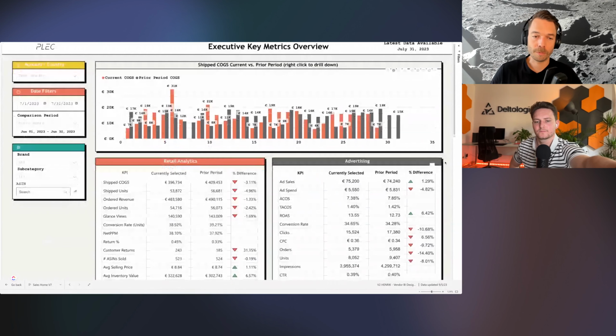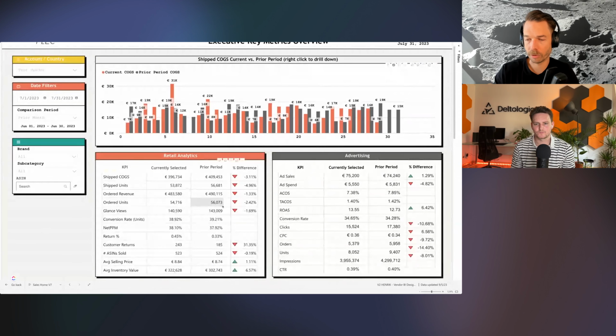If you would use retail analytics to get this, you would have to run a sales report, an inventory report, a traffic report and a Net PPM report just to see this data. And then put it all together, like you would have to download it into Excel and then put them all together. It's a lot of work, right? And therefore, with this overview, you have all this data at one glance. And this is awesome. I love it.